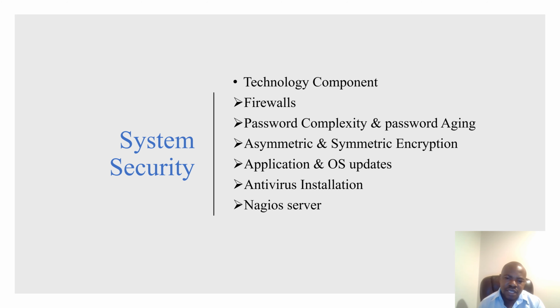Then there will be installation of antivirus to help secure the systems against any virus attacks. And then lastly, there is a Nagios server. What a Nagios server is used for is to monitor the network and logs to ensure that there is no foreign intrusion into the network.